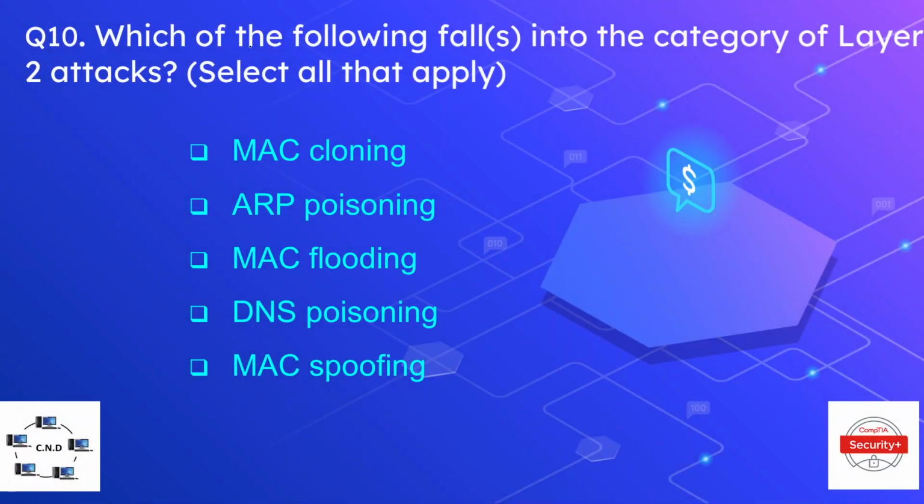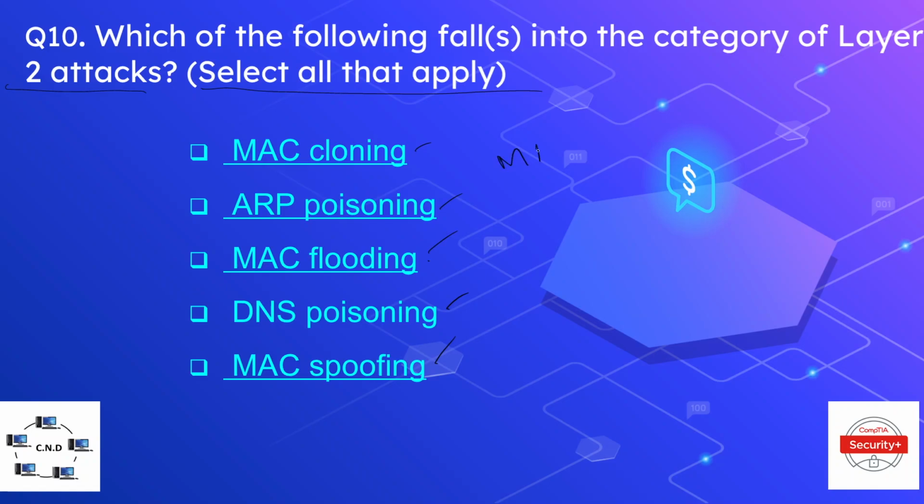Question number 10 is that which of the following falls into the category of layer 2 attacks? We have to select all the correct options, and the options are MAC cloning, ARP poisoning, MAC flooding, DNS poisoning, and MAC spoofing. And the correct options are MAC cloning, ARP poisoning, MAC flooding, and MAC spoofing.